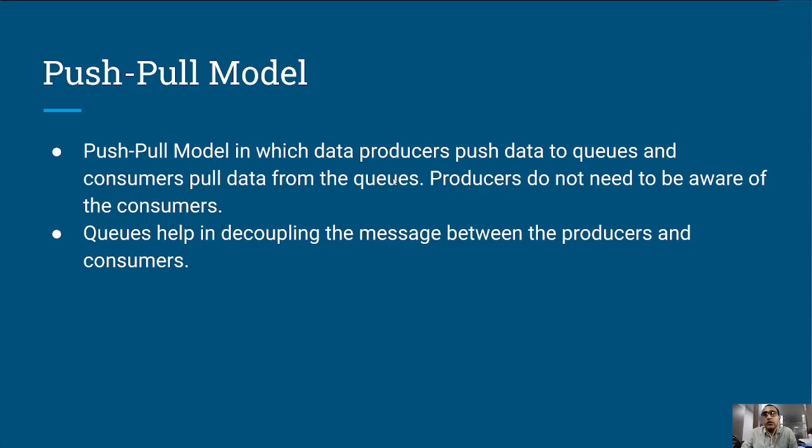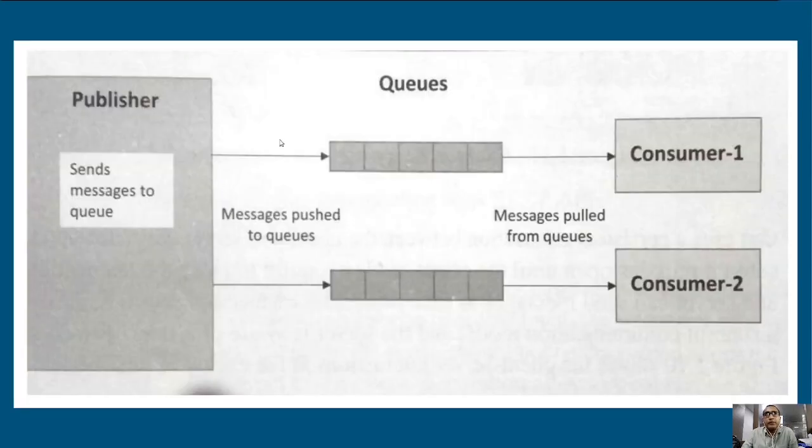Producers do not need to be aware of consumers. The queues here help in decoupling the message between the producers and the consumers. Here you can see the diagram of a push-pull model where we have certain publishers and then we have the consumers. But different from the other models, such as the publish-subscribe model that we were discussing, is the absence of the brokers.